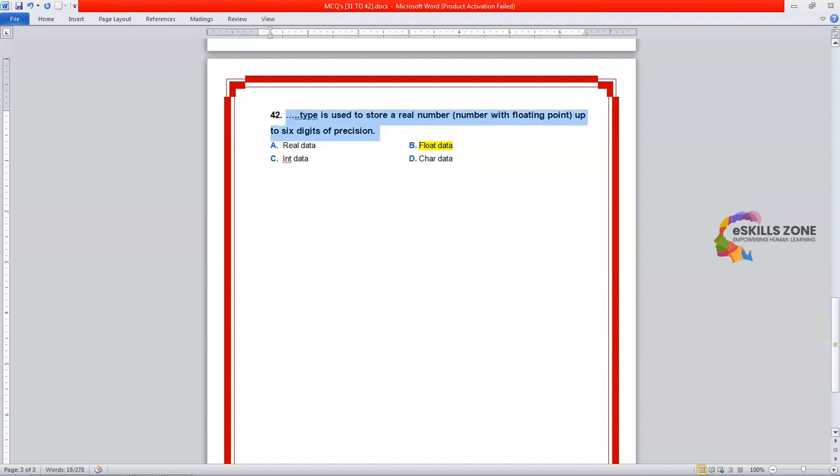The question is, some examples of valid variable declarations are unsigned integer age, B, float height, C, integer salary, or D, all of these. So the right answer is option D, all of these.